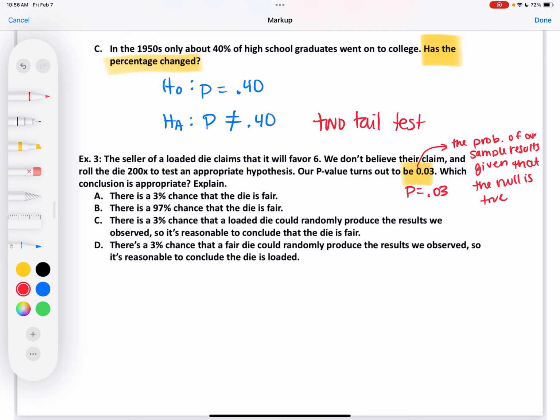So the null for a typical die would be what? 6.0. Wait, 0.6.